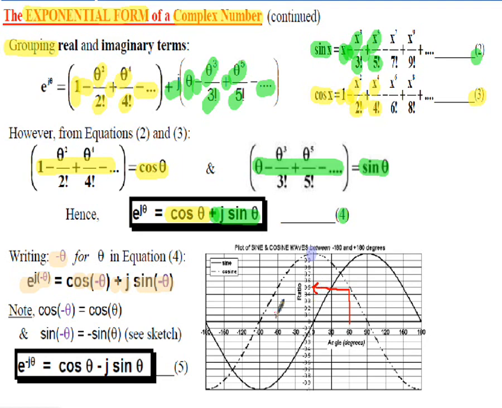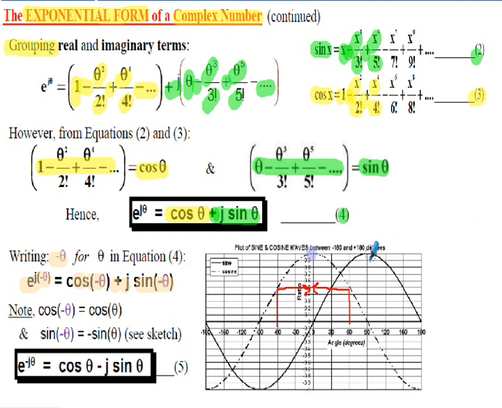But if we had a negative value of the angle, so negative 60 degrees, and we draw that vertically up and then along so it hits the vertical axis, we again get the 0.5 value for ratio. So whether our angle is positive or negative, we get the same value on the cosine curve. And that's because it's what's called an even curve.